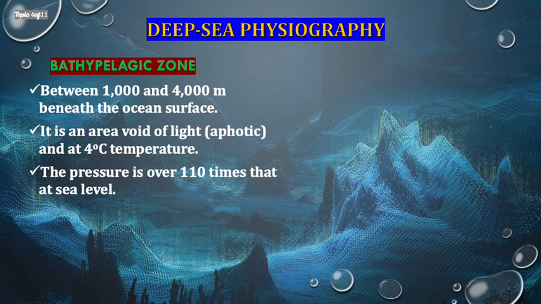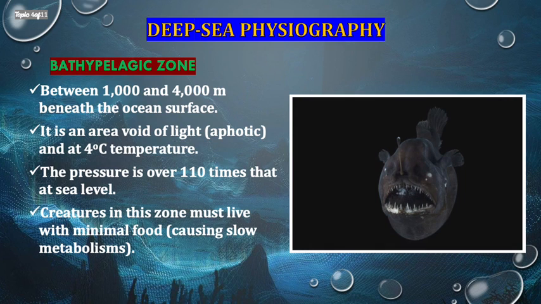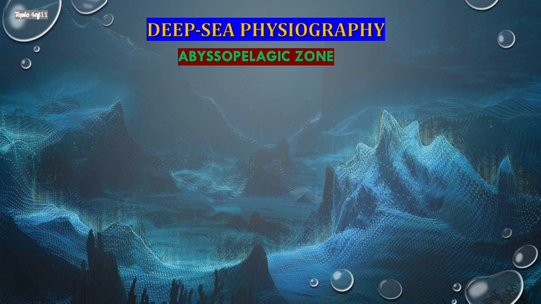The pressure in the bathypelagic zone is so intense, at an average of 110 times that of the surface. Because of the extreme coldness, intense pressure and lack of light, the organisms that live in this zone must live with minimal food, and that causes slow metabolism for the animals that live in there, for example this anglerfish in the right side picture.